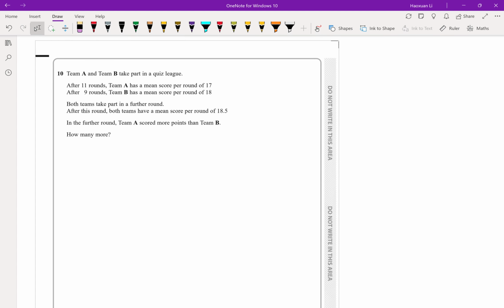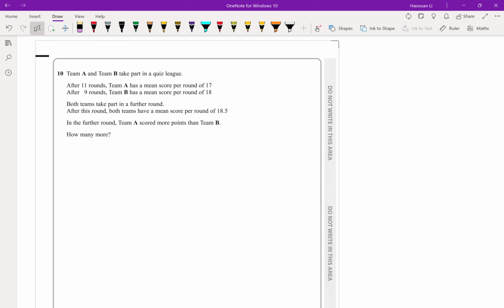Question 10. Team A and Team B take part in a quiz league. After 11 rounds, Team A has a mean score per round of 17. After 9 rounds, Team B has a mean score per round of 18. Both teams take part in a further round. After this round, both teams have a mean score per round of 18.5.